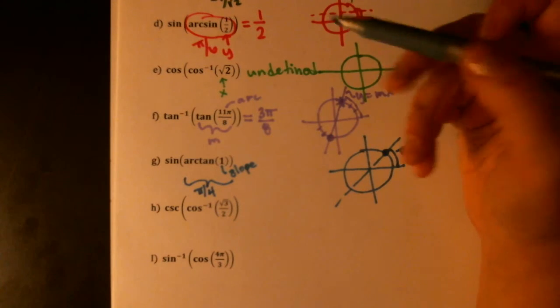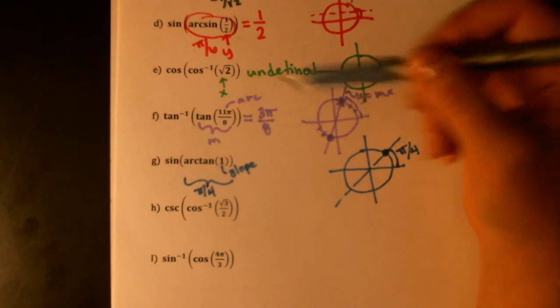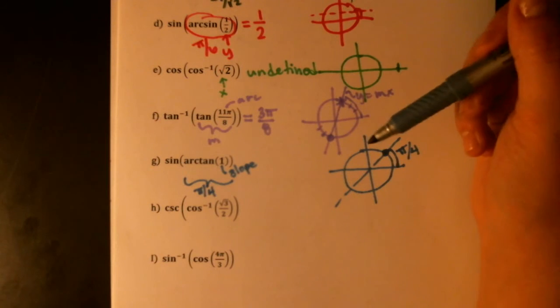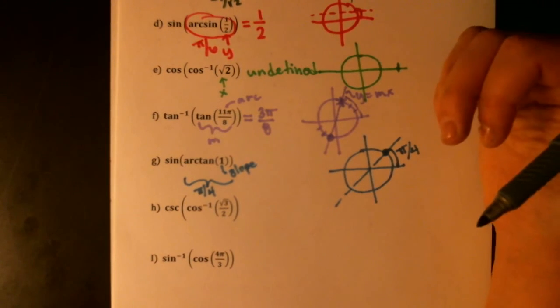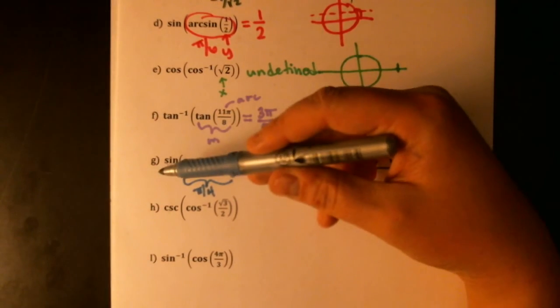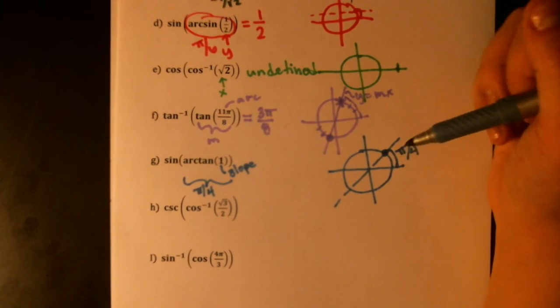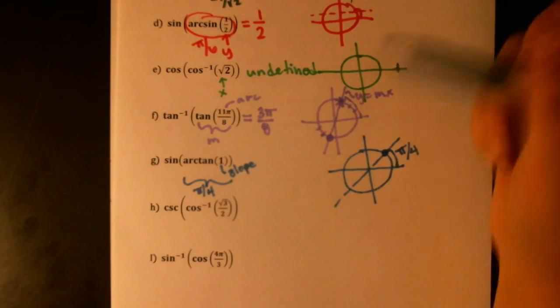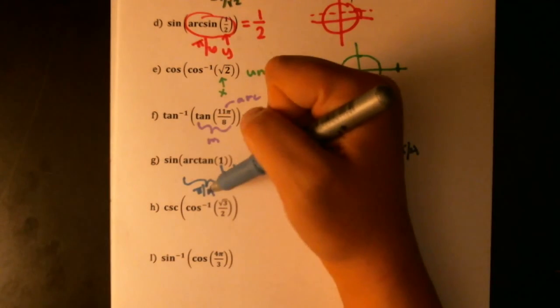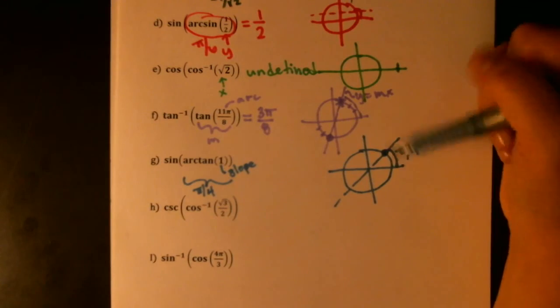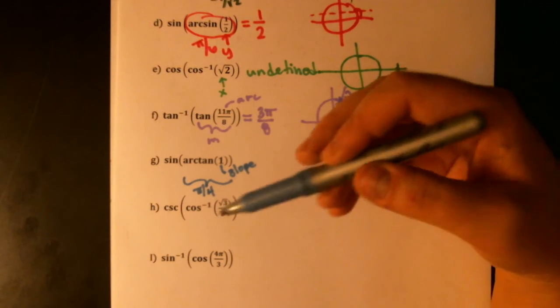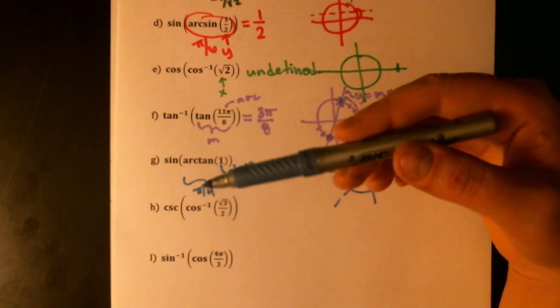And especially when you're composing trig functions with inverse trig functions where they're not each other's inverses, so arctangent with the sine or arcsine with the tangent or any of those sorts of things, you want to be careful about thinking about if what you're plugging in is still what you thought it was. So we thought pi over 4 was an arc length, but will sine think about it as an arc length?